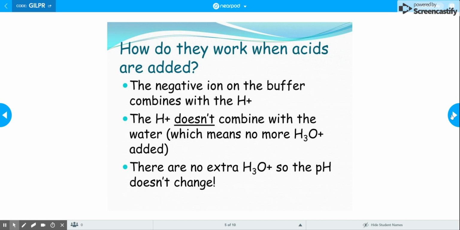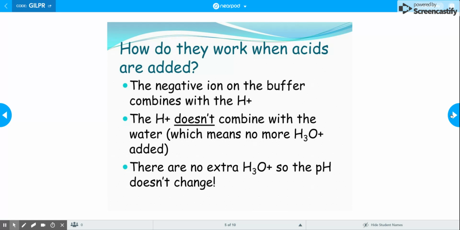And what it does is that when you have an acid and you try to add it to the buffer, that negative ion on the buffer is going to combine with that hydrogen. That hydrogen has a positive charge, and we all know opposites attract. So therefore, that hydrogen is going to want to go with the negative ion instead of water, because normally when you add an acid, that H is given off and it goes right to the water, forming hydronium.